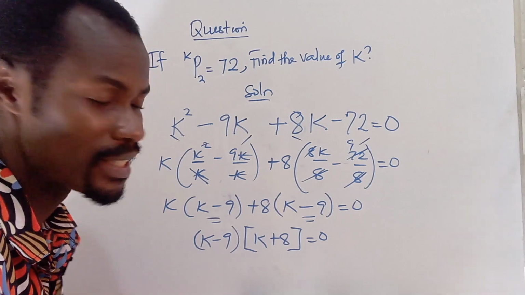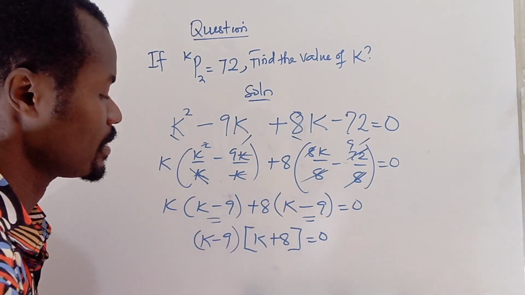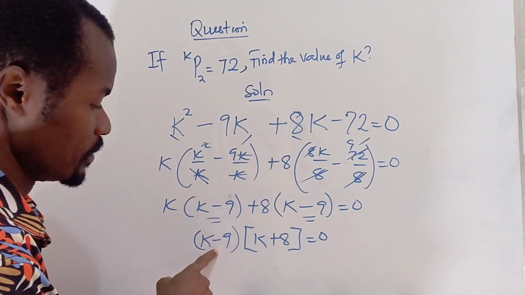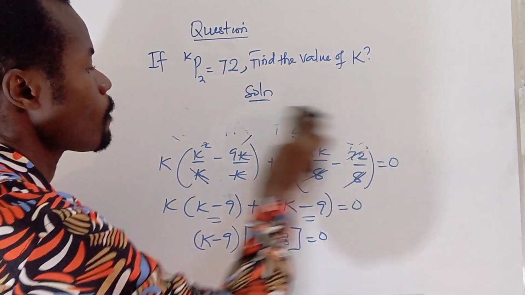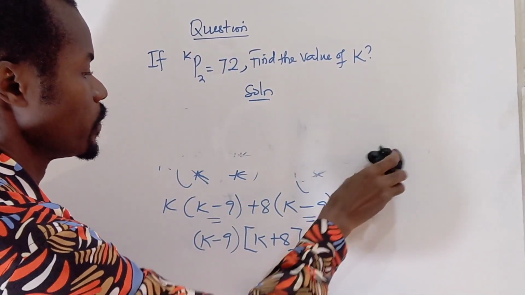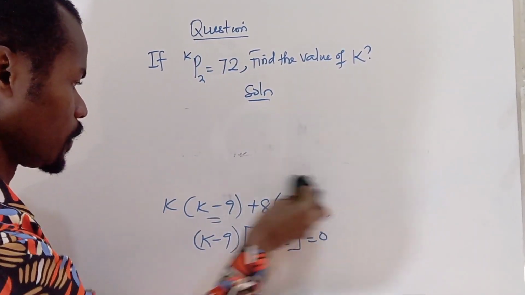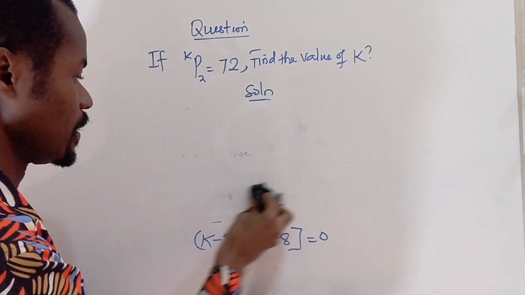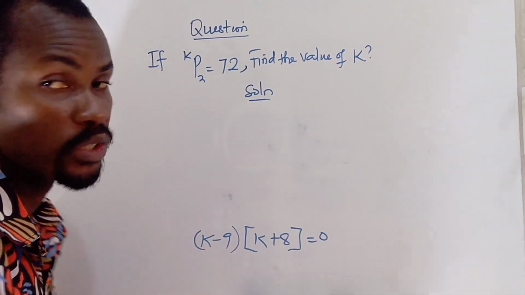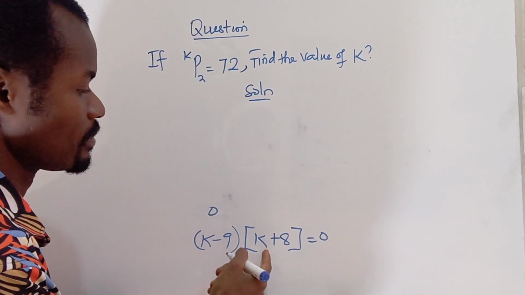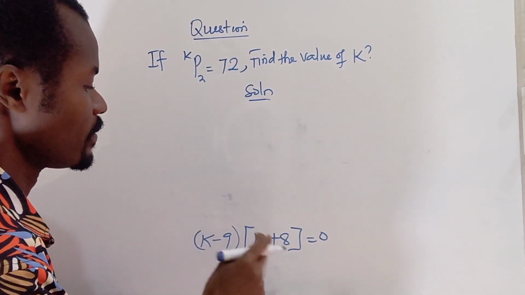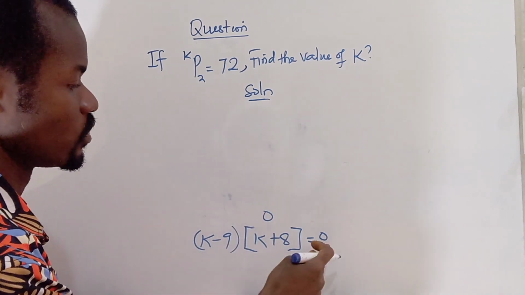And when you're solving a quadratic and you have an expression like this, it simply means this can be 0 or this can be 0. So we are going to equate those in brackets individually to 0, because if I have this as 0, times this is going to give me 0.